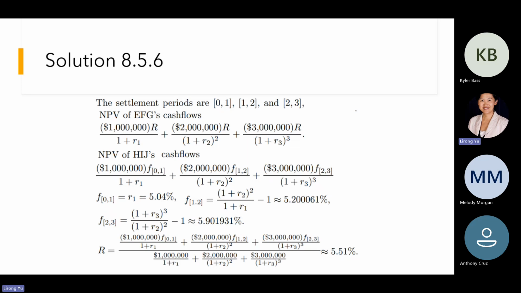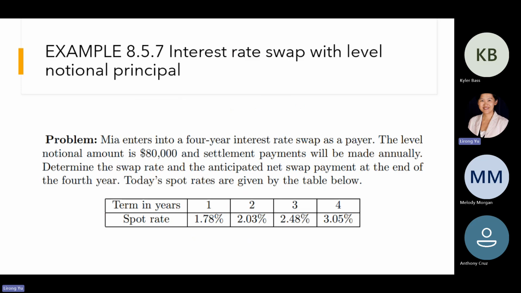The process is kind of lengthy since it involves so many numbers. We find that the swap rate is 5.51%. That was the percentage in the first example. So that's why this is the swap rate, echoing what we were already using as a swap rate.